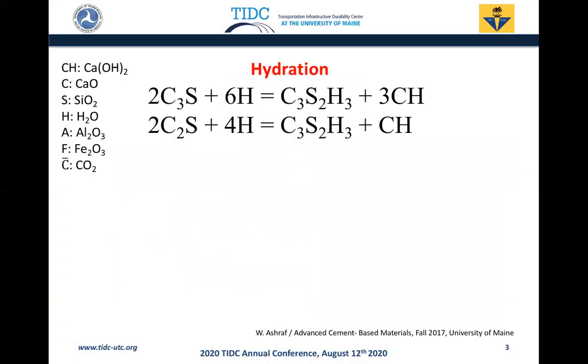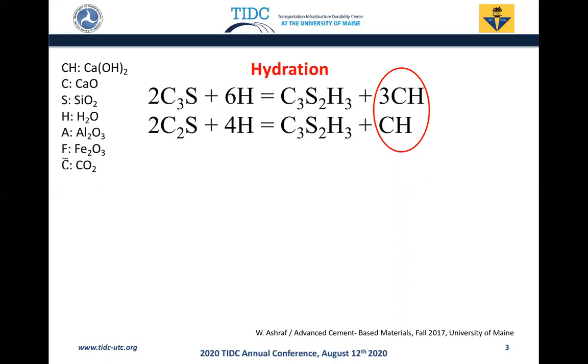First of all, let's talk about hydration. In hydration, we know that C3S and C2S react with water, and we will have CSH and calcium hydroxide. CSH is binder and we love it, but calcium hydroxide is a byproduct.